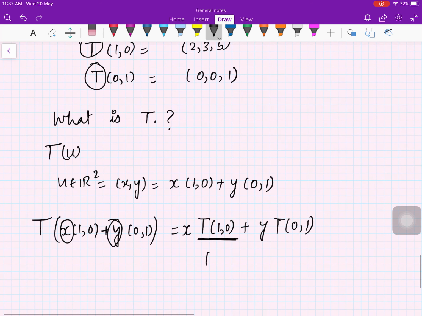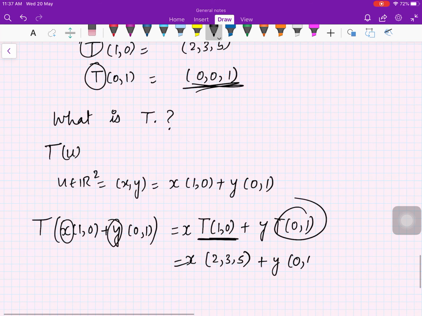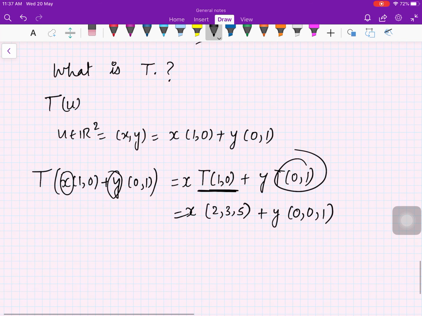Now T of (1, 0) is given to us as (2, 3, 5), and T of (0, 1) is given as (0, 0, 1). So you get your transformation as (2x, 3x, 5x plus y). So this is the transformation we get.